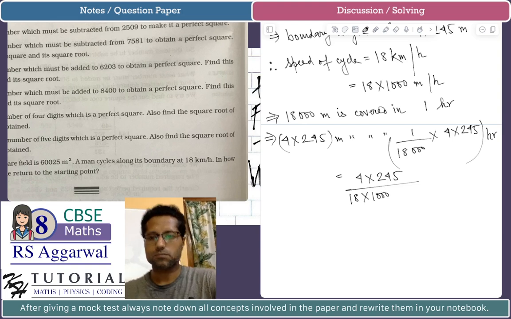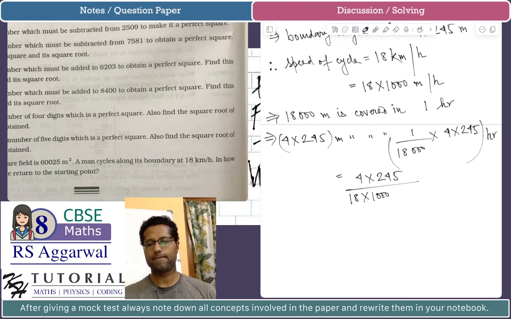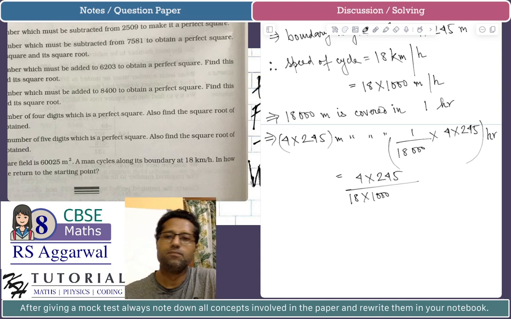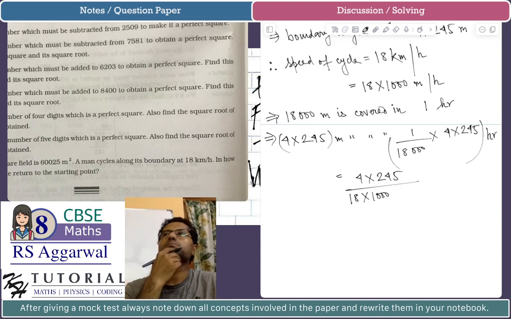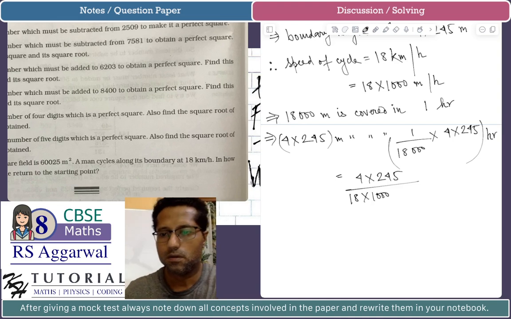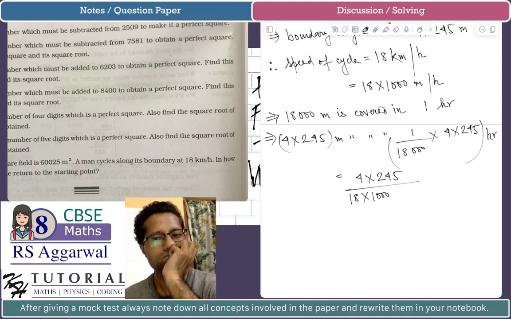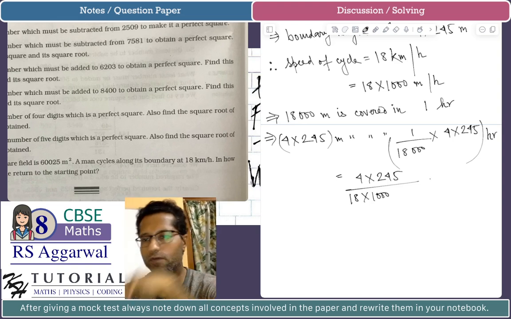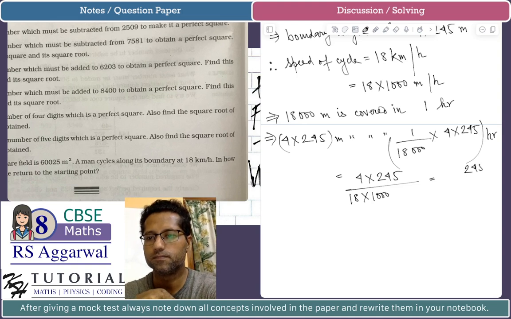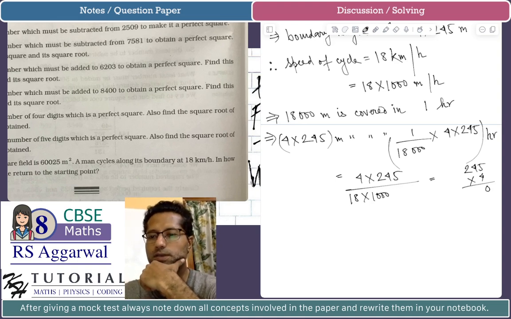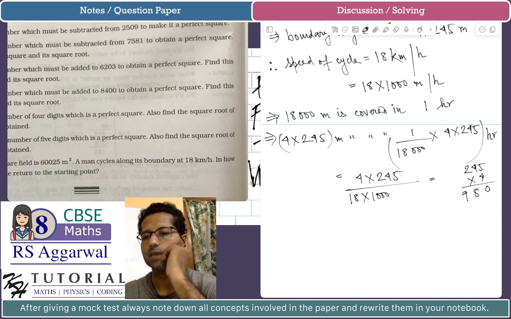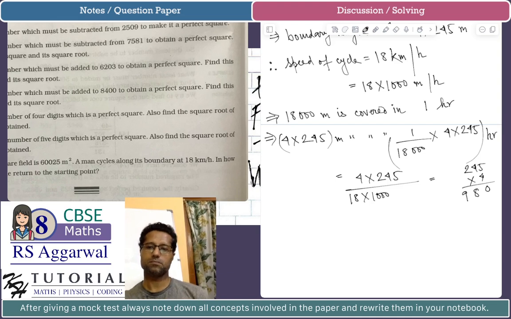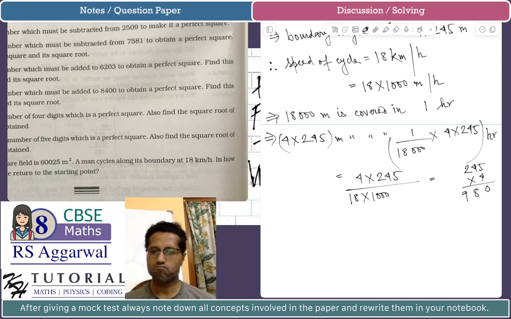Now, how much is 245 multiplied by 4? 245 multiplied by 4 is 980.